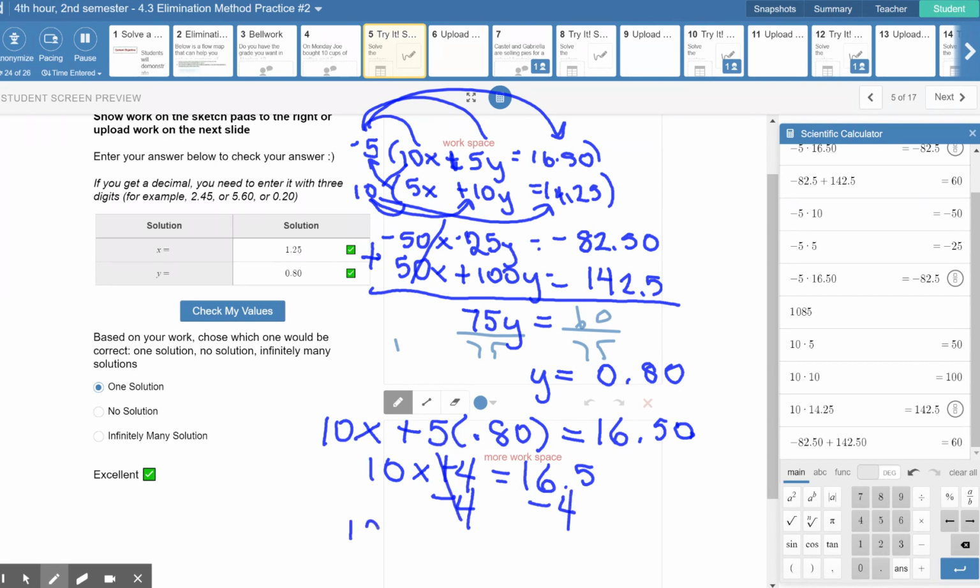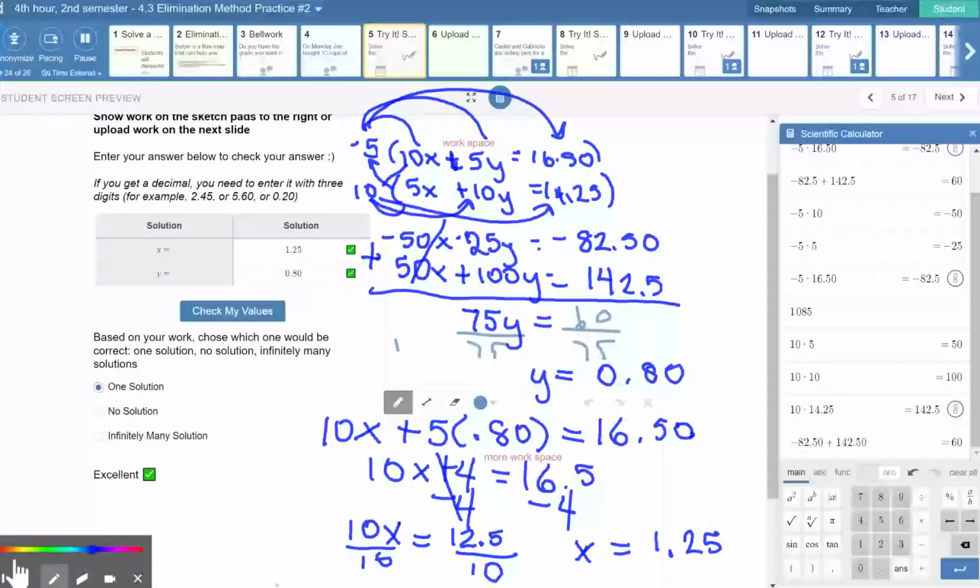So now we have 10x equals 12.50. Divide by 10. We're going to have x equals $1.25. So a cup of coffee equals $1.25. And a donut equals 80 cents.